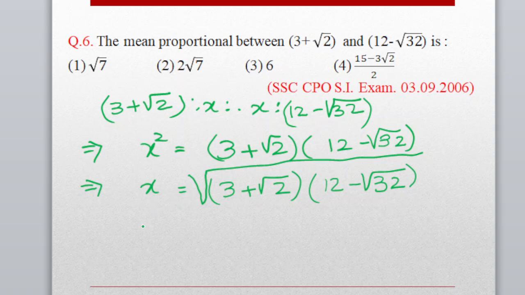So that is equal to root over 3 plus root 2 into, here this can be written as 12 minus 4 root 2. Now root 32 is equal to 4 root 2.